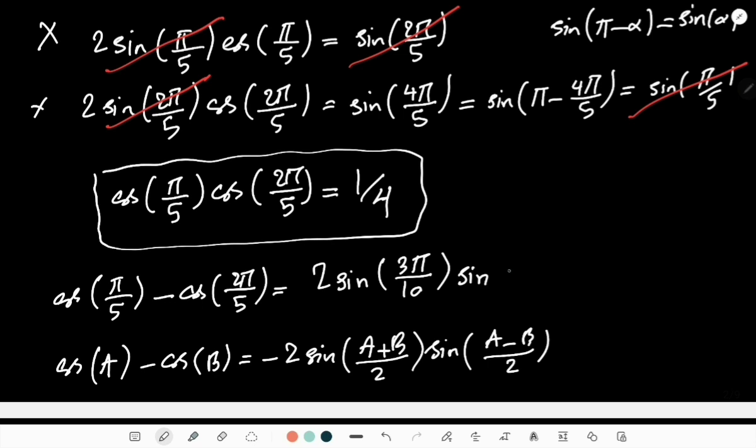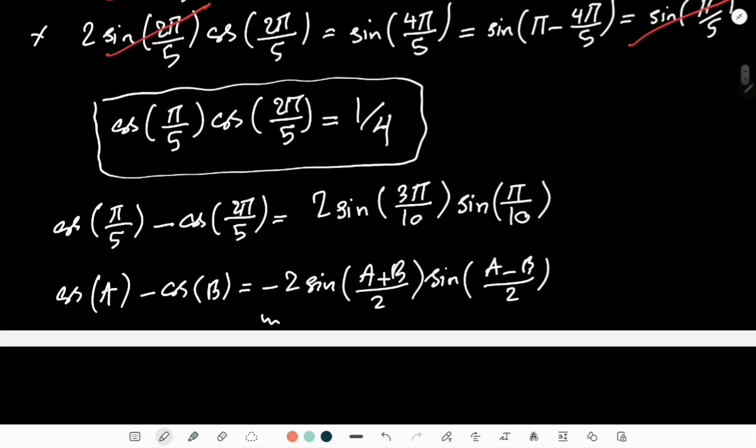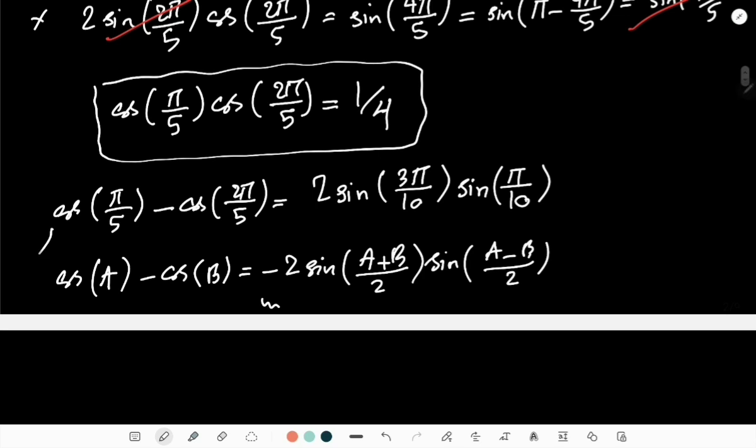Sine of (pi minus 2 pi) over 10 is minus pi over 10, and basically will be cancelled with this minus here, and that is pi over 10.